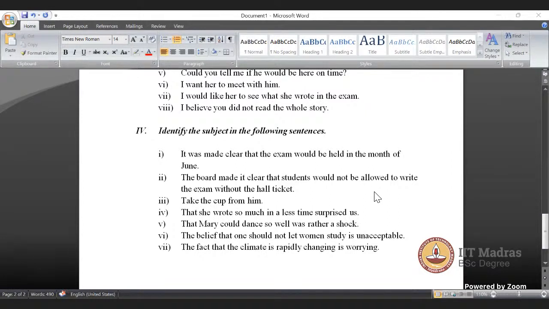You cannot pick things out, right? You can do that semantically, but in grammar, you are not allowed to extract things out of a unit. Here, this is a that clause. That she wrote so much in a less time is one full part. So that entire part becomes your subject.